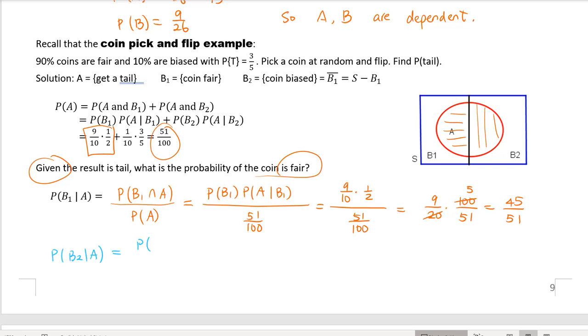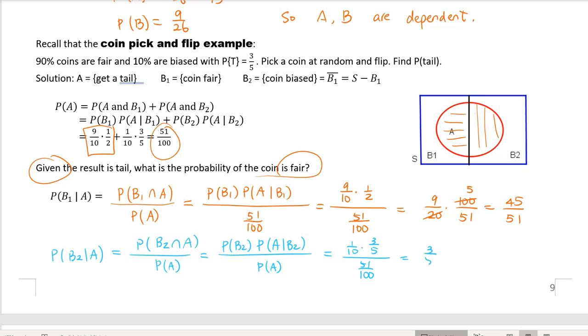Okay, have you done? Okay, so similarly, we can do B2 and A over P of A. And then this is P of B2 times P of A given B2 over P of A. And then we have 1 over 10, 3 over 5, 51 over 100.